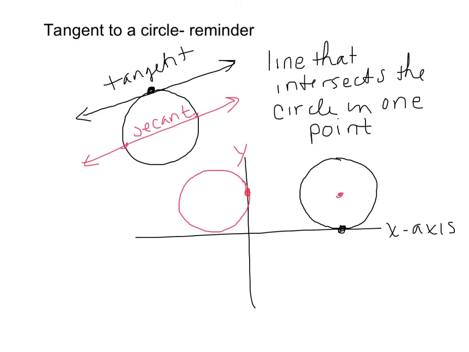So if you know the center of that circle, you will also know what the radius is, because you can count. This distance will be the radius. And you could count this distance here. So that's what it's talking about.